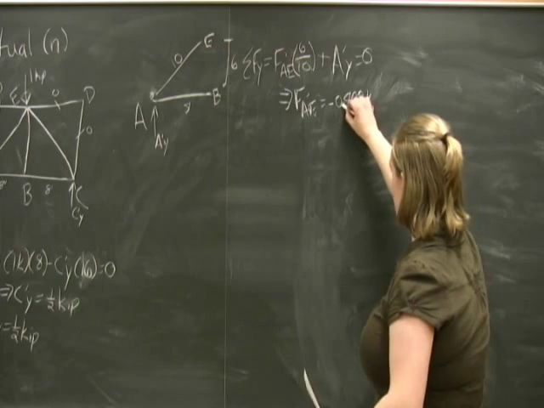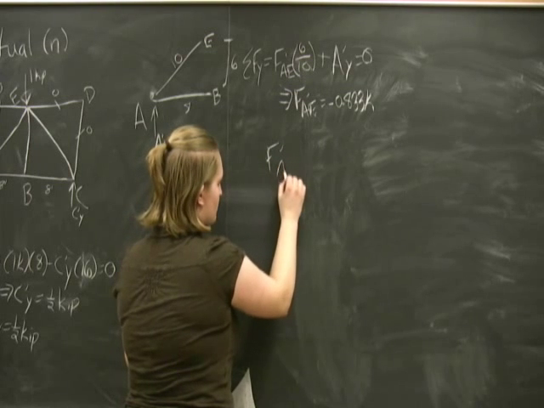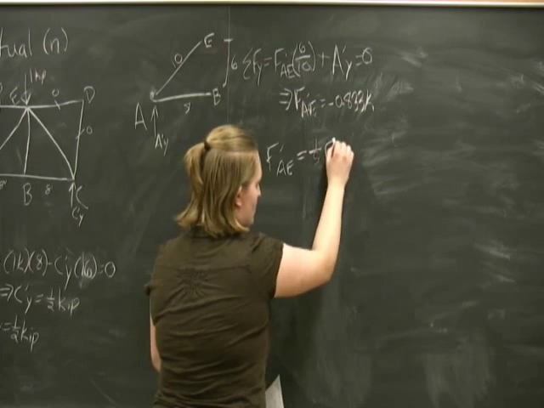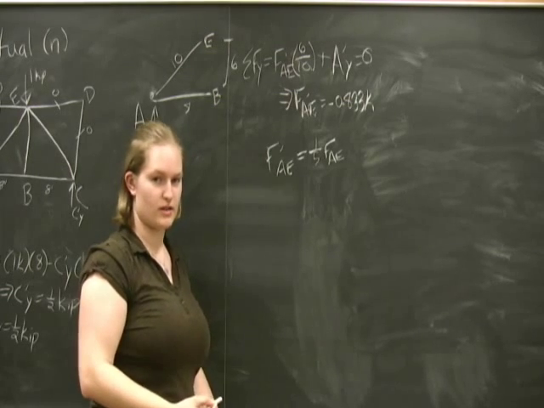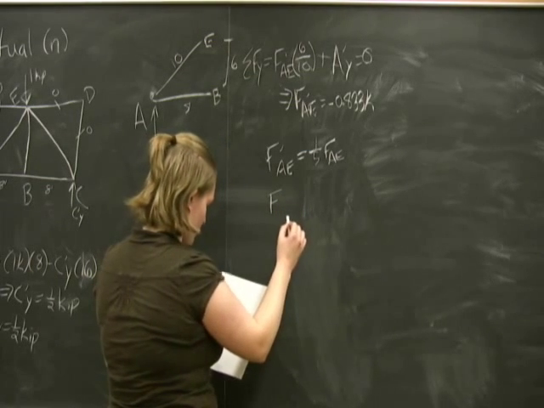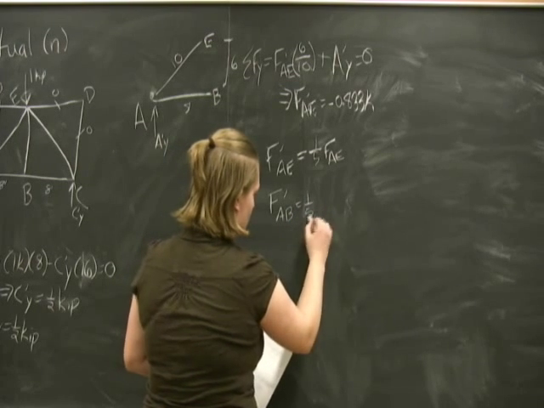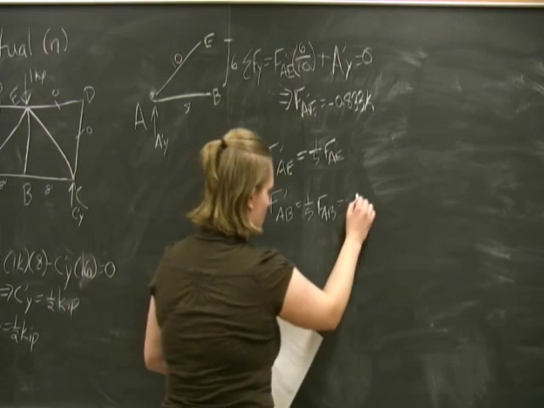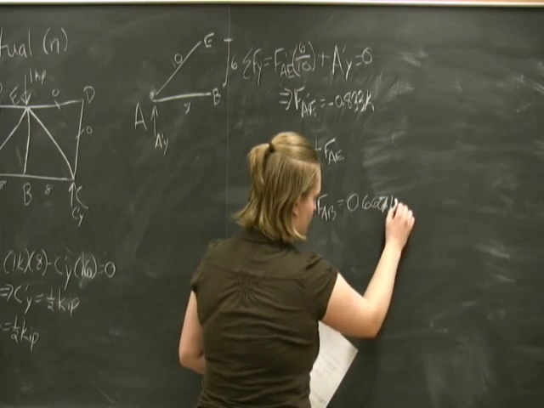As we can see from the 0.833, it shows us that the virtual force AE equals 1/5 of the real force at AE. We can use this idea to solve for all the other forces. So that gives us also the virtual force at AB to be 1/5 of the real force at AB, and that equals 0.667 kips.